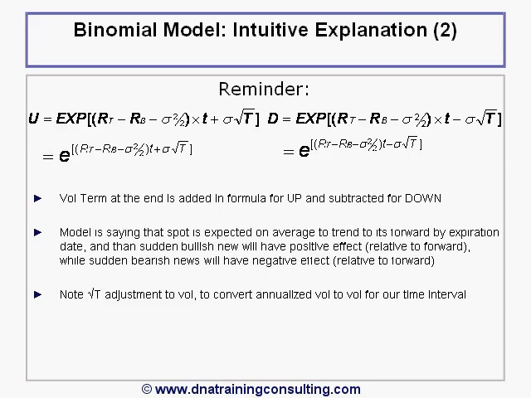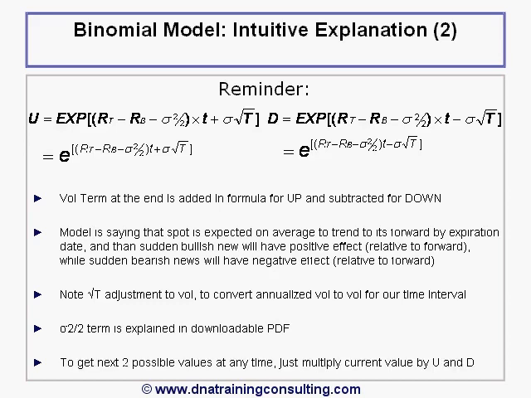Next, you should note the square root of time adjustment to the vol at the end of the formula, which converts the annualized vol to the one that is actually appropriate for the specific time interval, a property of volatility we discussed earlier in this module. The explanation of the sigma squared over 2 term, unfortunately, is a little complex and has been left for the downloadable PDF attached to this module.